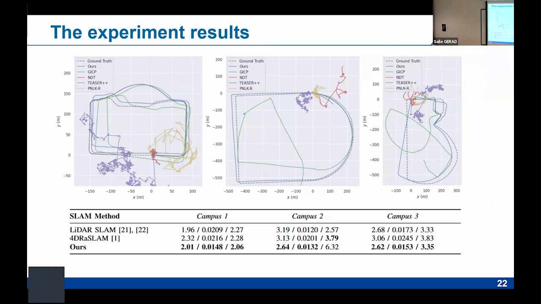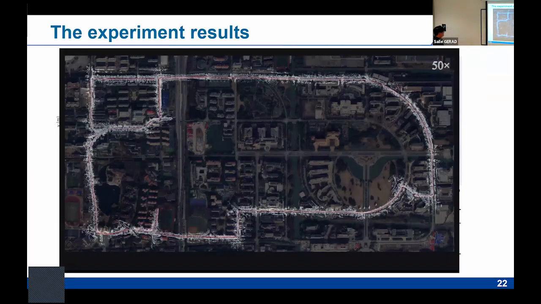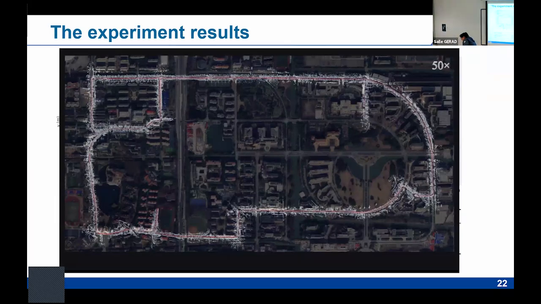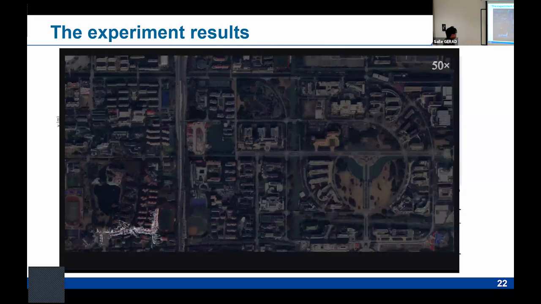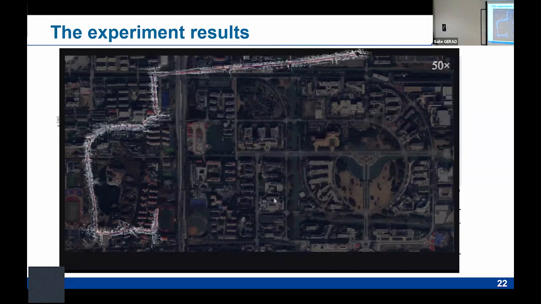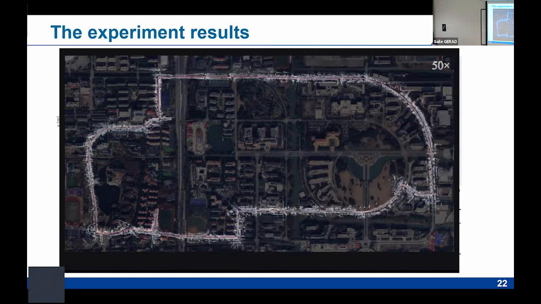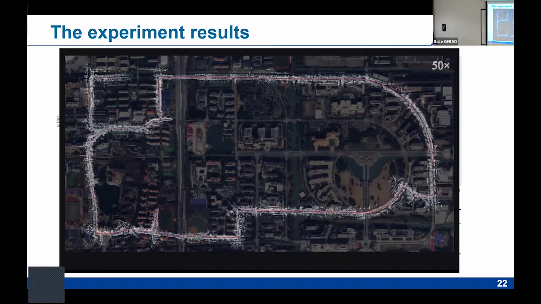And this is the entire route we ran on our campus, which is 5 kilometers by 10 kilometers, a huge campus. You can see roughly how it looks on the campus, including loop closures and everything.